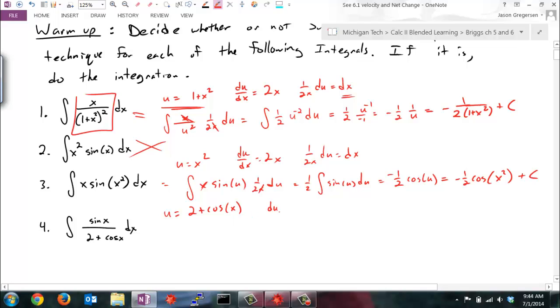So I let that be my u. I take the derivative. I get negative sine of x. I solve it for dx, just following these same steps. Plug all that stuff in. I get sine of x over u. I replace the dx by what it's equal to.